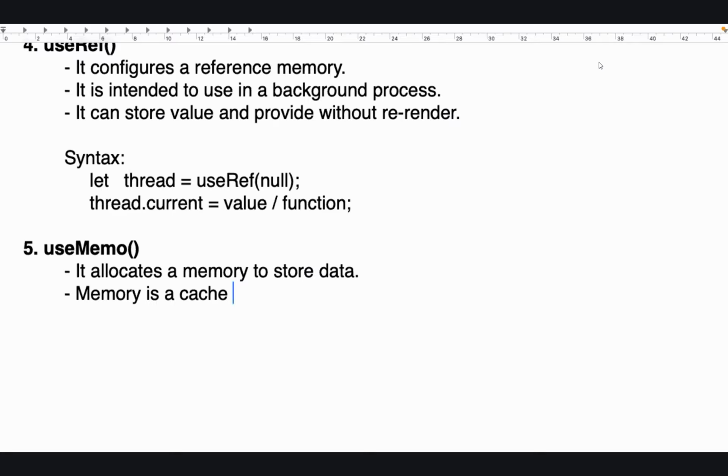Memo is a cache, updated only when any change occurred, or you can say when any dependency changes.